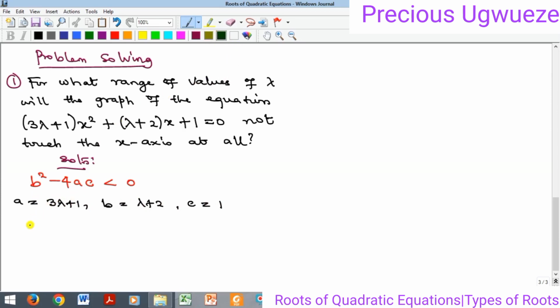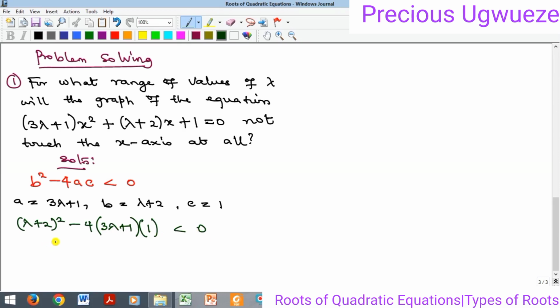If we put lambda plus 2, all squared, minus 4 into a, which is now 3 lambda plus 1, and then our c is equal to 1. Okay, and now we are saying that this must be less than 0.